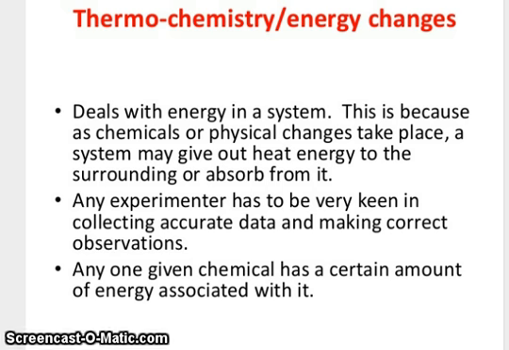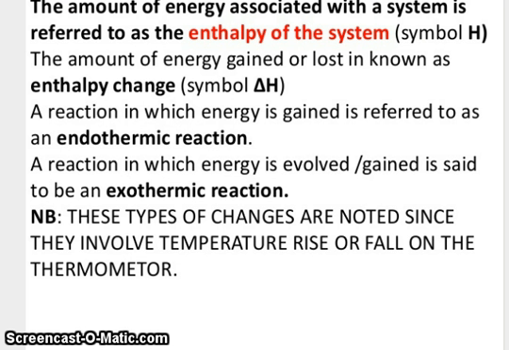Any one given chemical has a certain amount of energy associated with it. The amount of energy associated with a system is referred to as the enthalpy of the system, symbol H. The amount of energy gained or lost is known as enthalpy change, symbol delta H. A reaction in which energy is gained is referred to as an endothermic reaction.